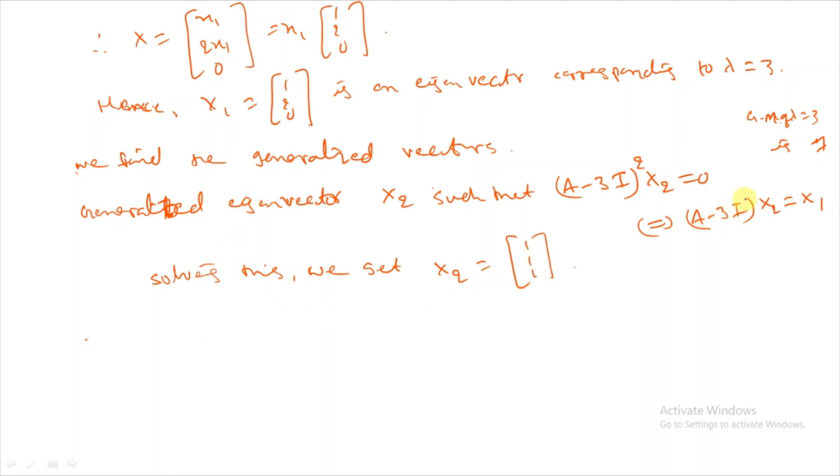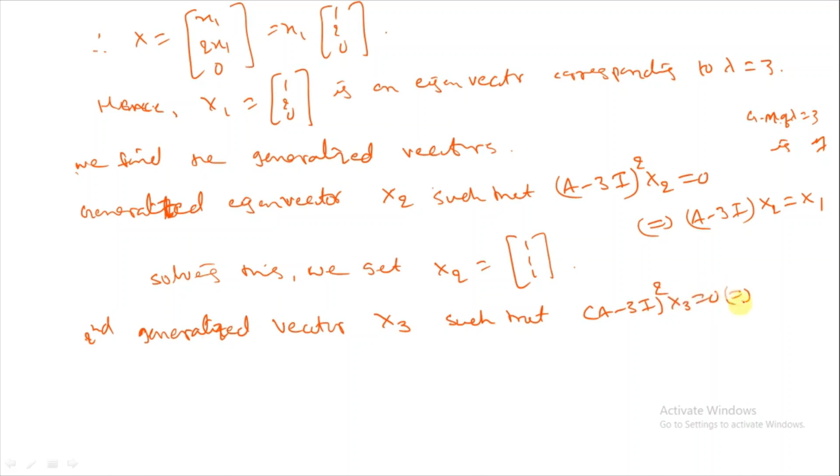Now it's a 3 by 3 matrix. We require one more generalized vector. Now second generalized vector x3 such that (A minus 3I) whole square x3 equal to 0, if and only if (A minus 3I) x3 equal to x2.